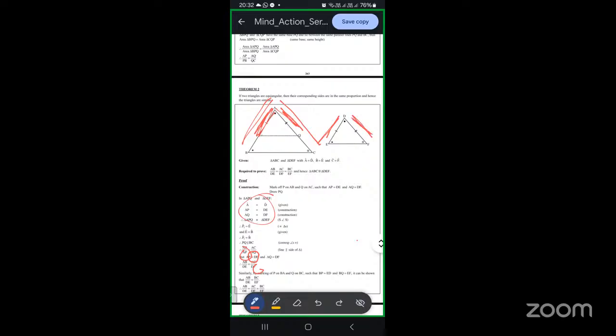Then you have proved that AB over DE is equal to AC over DF. Just like that, you are done proving the proportionality of the sides of these triangles. Same applies now: you play around with your sides of the triangles to prove the whole equality. And then you can come to the conclusion that these triangles are similar, and you are done with everything just like that.